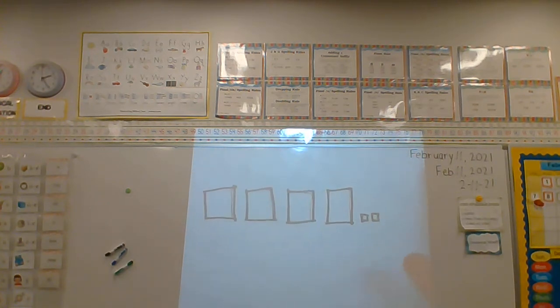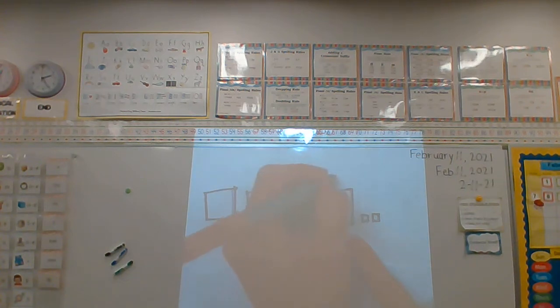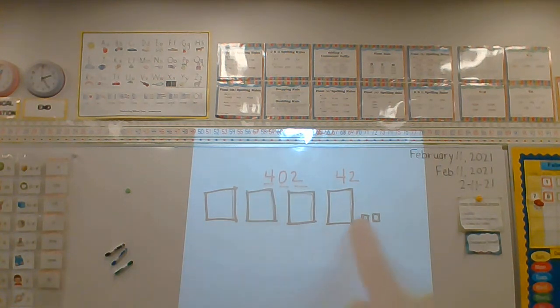Let's try another one. If you saw this picture, what number do you see? How many 100 flats? 4. How many 10 sticks? 0. How many units? 2. Remember, we need a place for each number. If we just saw 4 hundred flats and then just wrote 2, is this picture showing us 42 or 402?